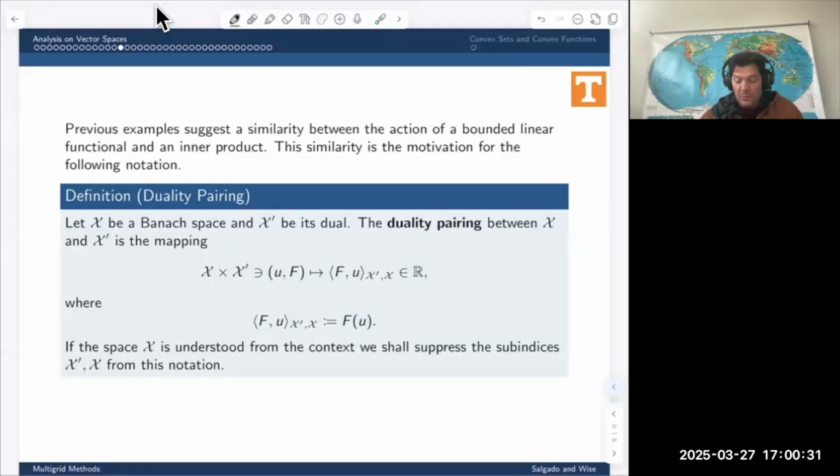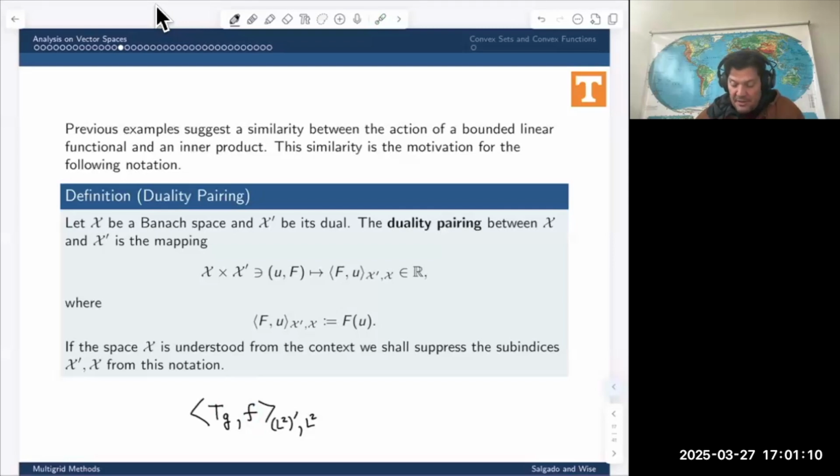Now, here's where the notation really came from. If I look at that last example, we saw that the linear functional TG is defined through an inner product, and it acts on F. So the notation would be L2 prime, the dual space of L2, and L2. The dual space is the space of bounded linear functionals on L2, and this F is coming from L2.